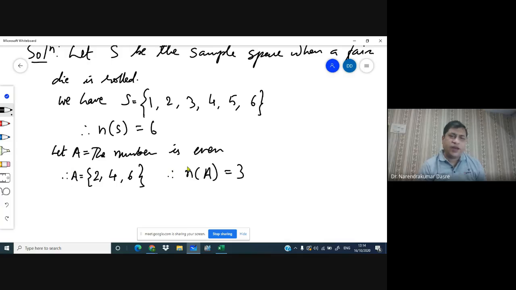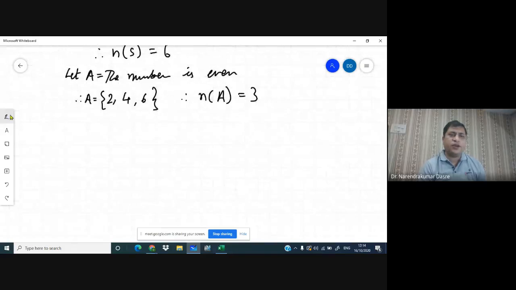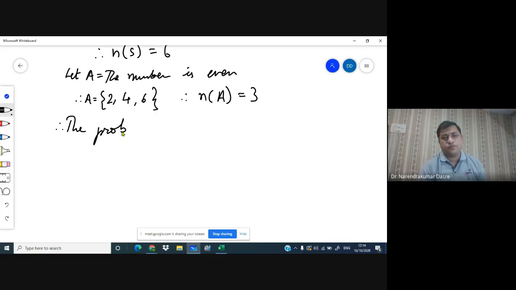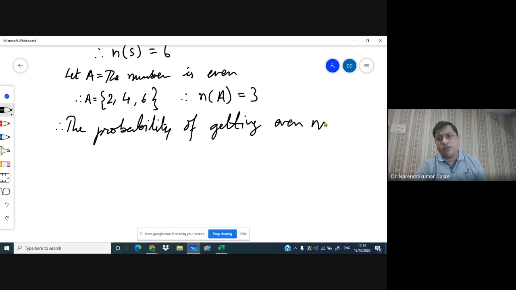Once we get the event and the number of points in the event, we are able to write the probability of this event. So we can write the probability of getting an even number.